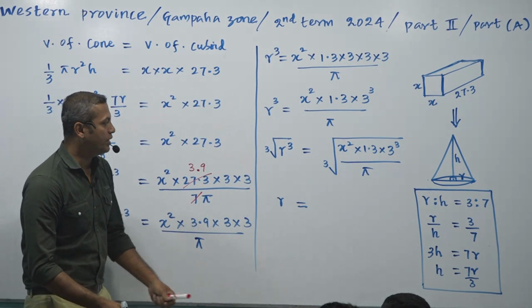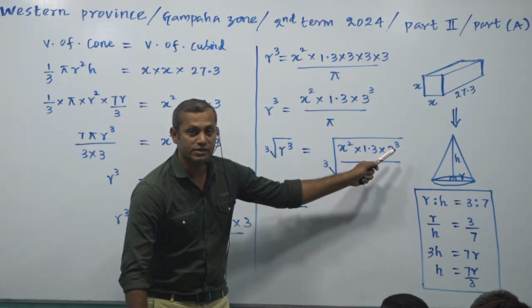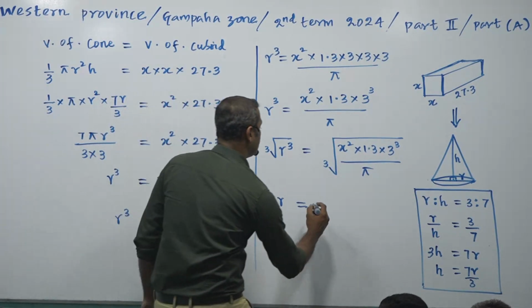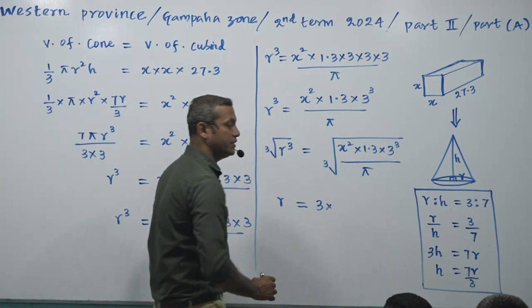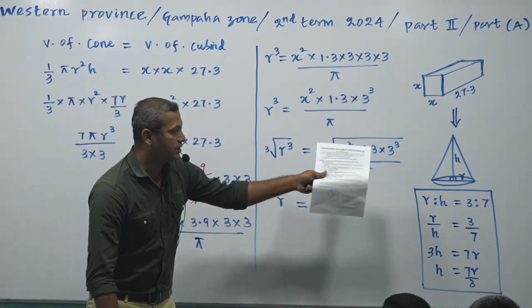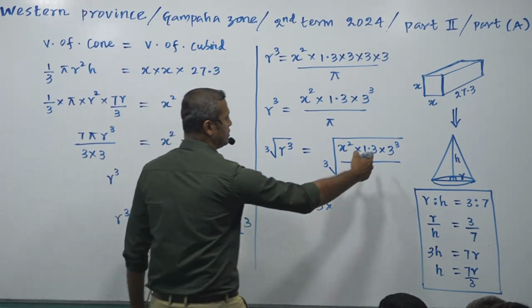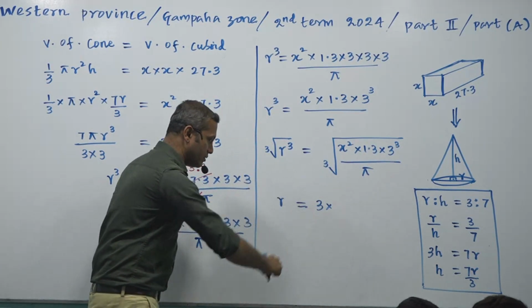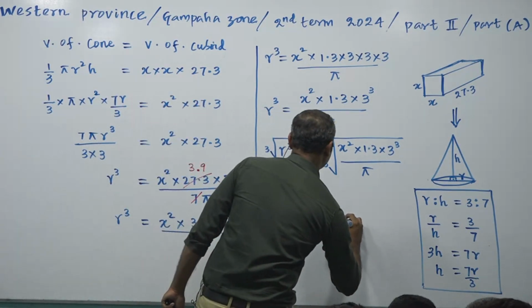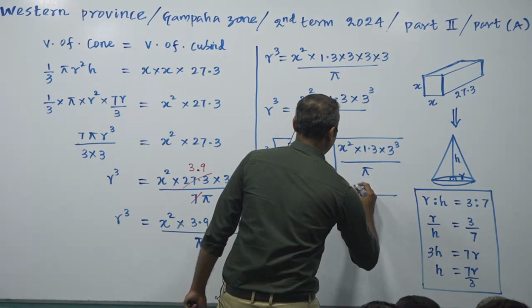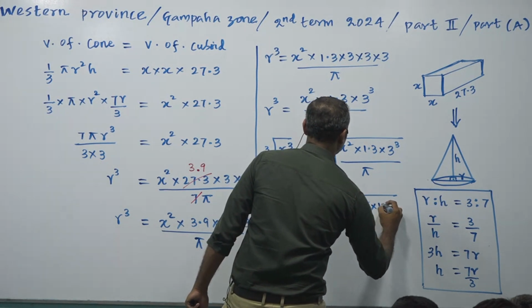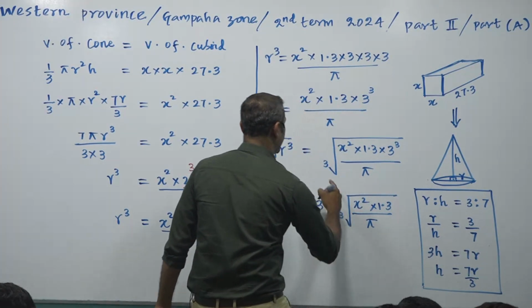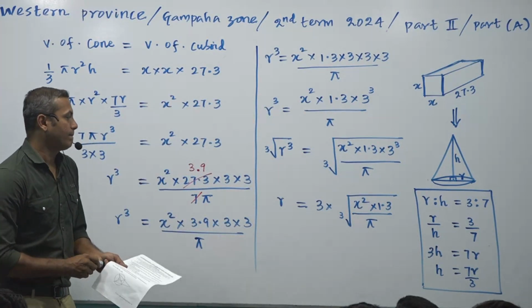Here the cubic root and 3 cube cancel. Then take this 3 out: 3 times the cubic root of the remaining terms. 3 will come outside, and the remaining terms are x squared, 1.3 and pi, the cubic root of those 3 terms. That's what you need to show.